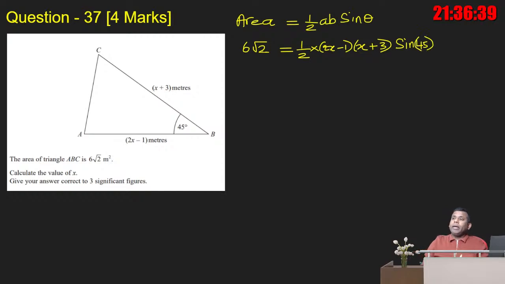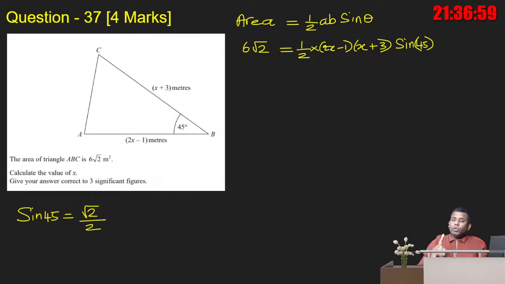Be careful with this question, because it is assumed to be a non-calculator paper. If it is a non-calculator paper, you need to understand what sine 45 is. As a GCSE student, you must remember that sine 45 is root 2 over 2.